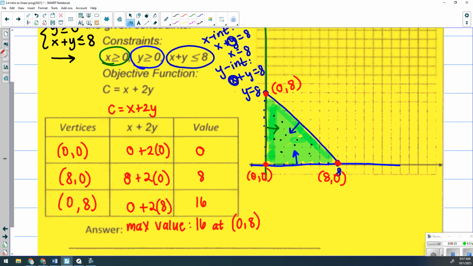So if x were baseballs and y's were footballs, I would want to sell 8 footballs to maximize my cost or something. I'm just making that up right now. Now, if I wanted to minimize, I would end up with a minimum value of 0, and that happens at 0, 0. So selling 0 baseballs and 0 footballs, for example.